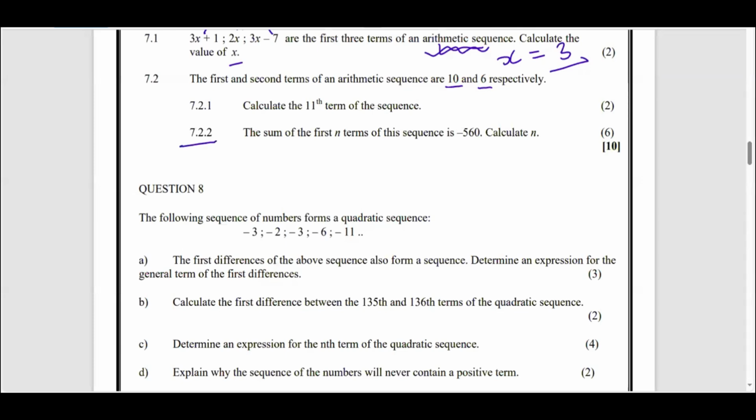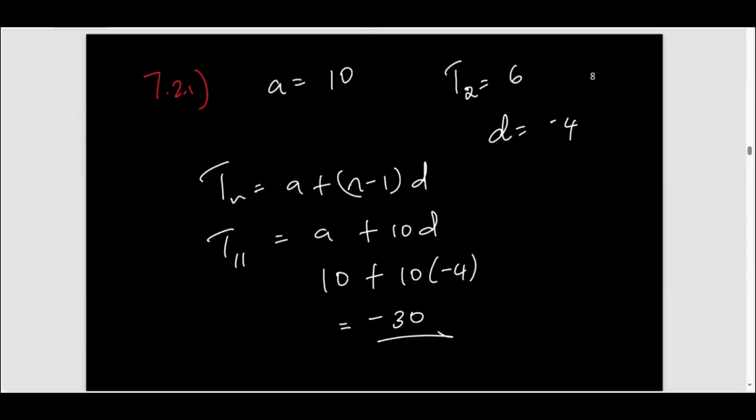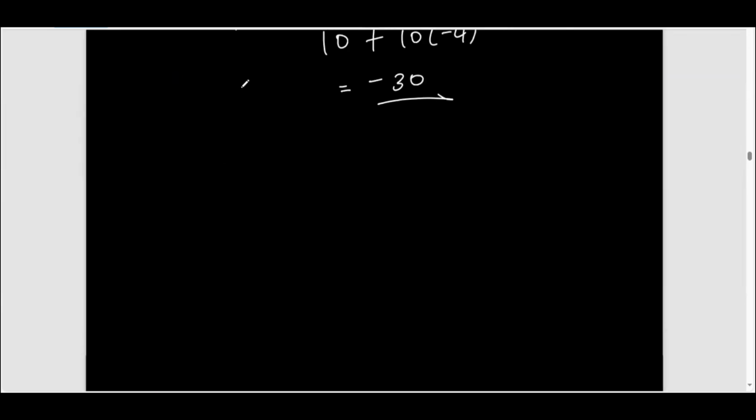Then 7.2.2, they want us to get the sum of the first n terms of the sequence, which is this. They want us to get the n, the number of terms. Since we know that this is an arithmetic, we're going to use the sum of an arithmetic to work this out.